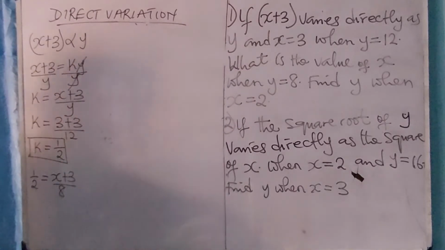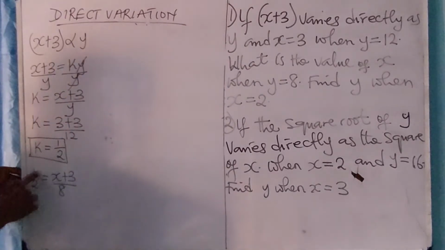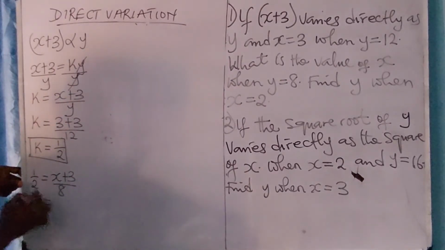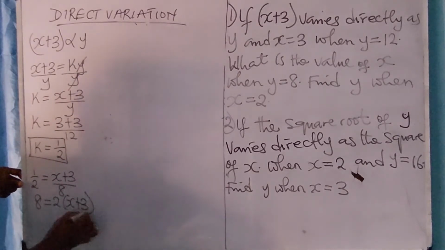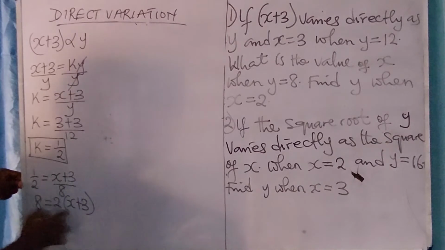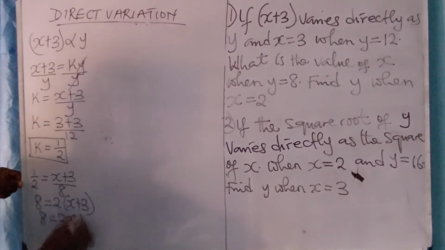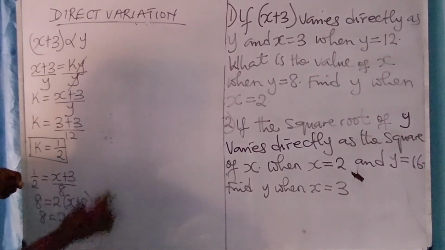So we have to cross multiply from here. This times this is 8. Then this times this is 2 open brackets x plus 3. And this 8 equals 2 times x is 2x plus 2 times 3, 6.